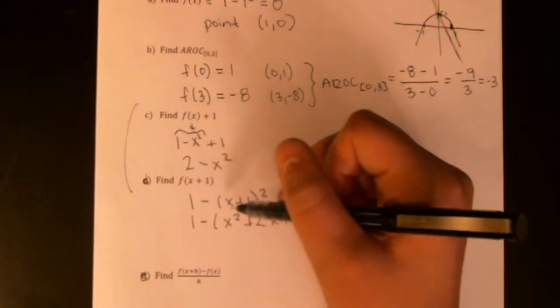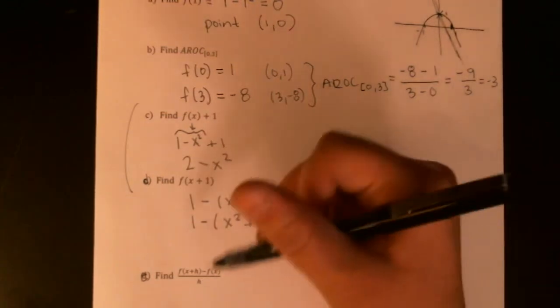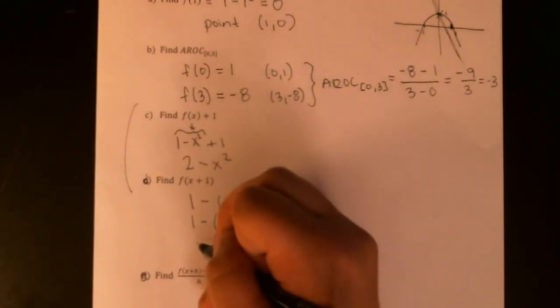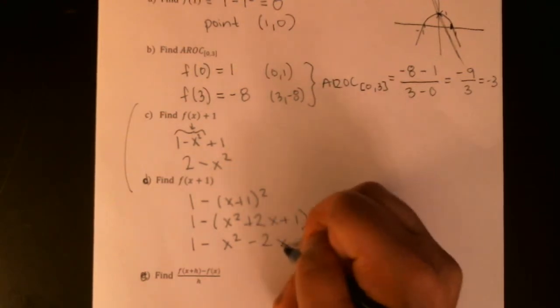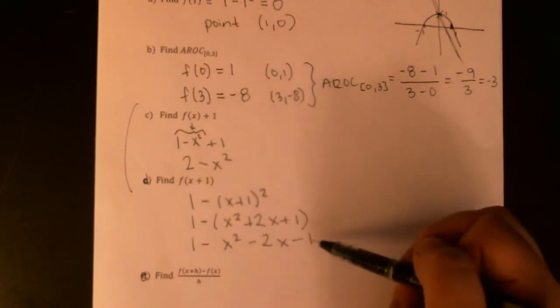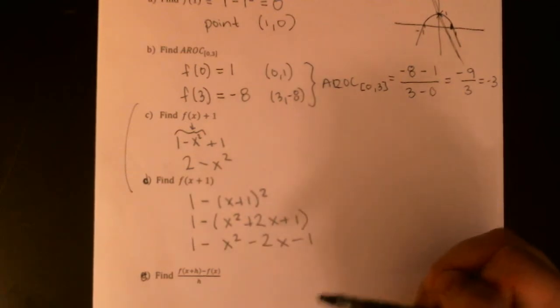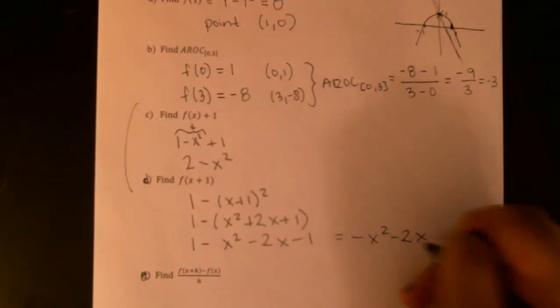That doesn't work. Squaring something means multiplying it by itself, and that will result in a FOIL. And then not distributing negative signs is the other one. So I get 1 minus x squared minus 2x minus 1. This time the ones do go away. When I combine that, I have a positive 1 and a negative 1, which adds up to 0. So it looks like I'm getting negative x squared minus 2x.